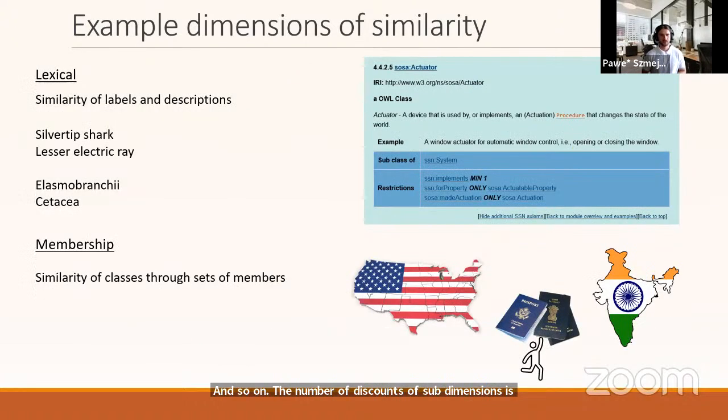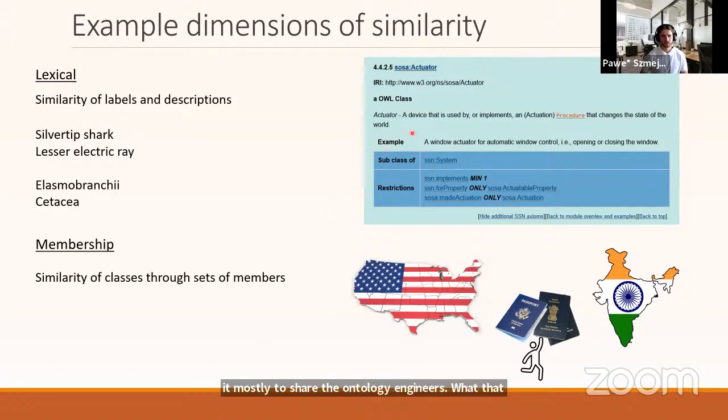The lexical dimension of similarity is useful even in ontology modeling, because often when we describe in our formal and structured ontological knowledge entities that are within our domain of discourse, but philosophically they go outside of it, we have to attach also some written description to explain it, mostly to humans, to ontology engineers, what that entity actually is.